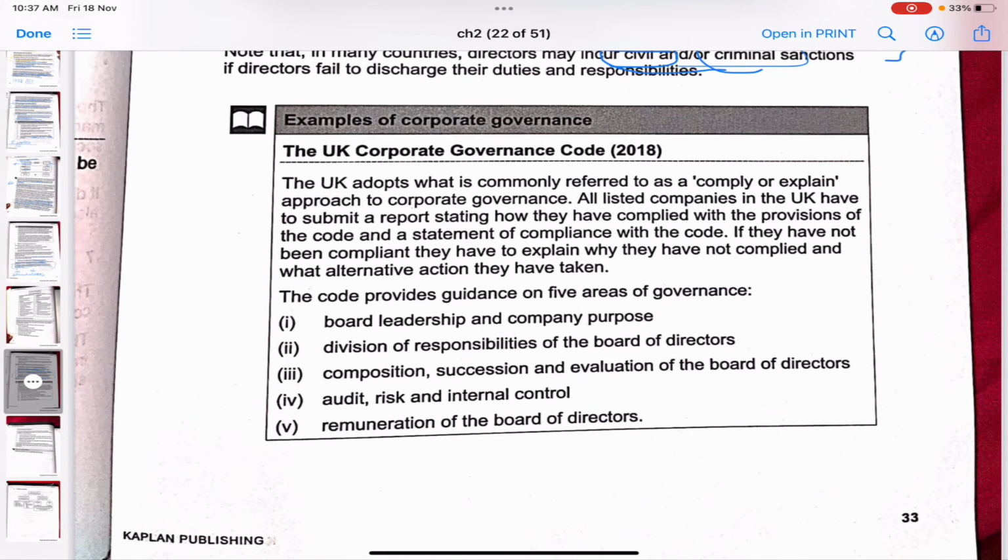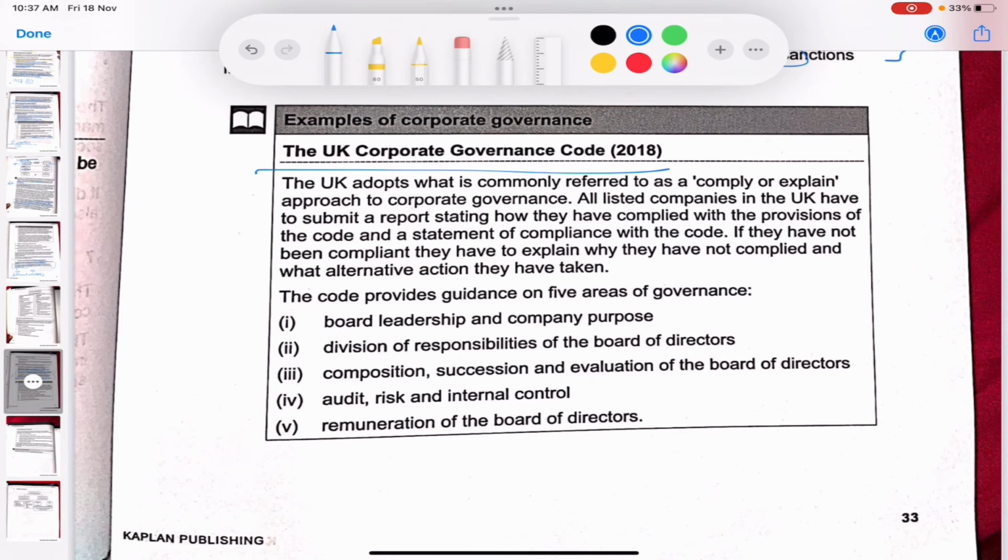Okay, now let's see what the UK Corporate Governance Code 2018 states. Take a moment and read it. Whatever is in the UK Corporate Governance Code, all the companies have to follow it.